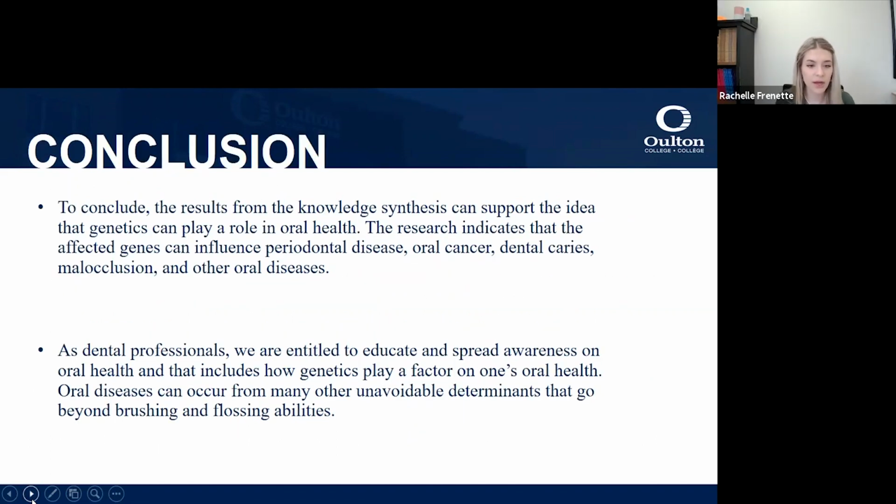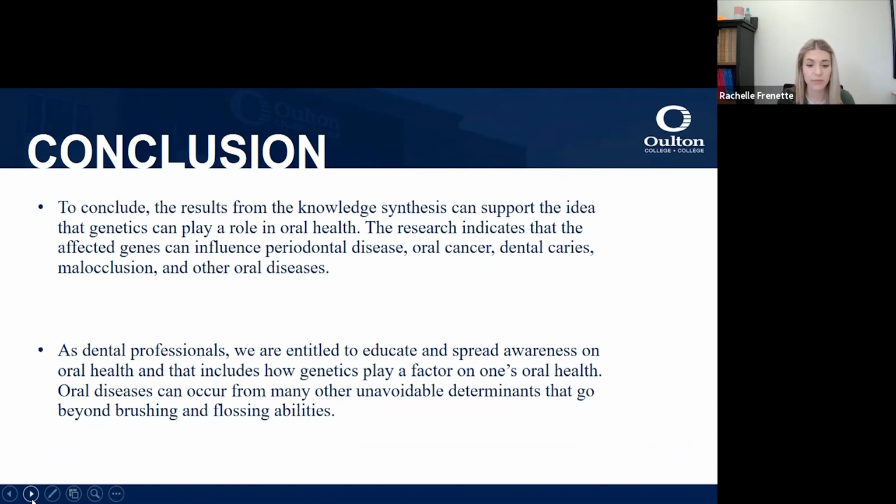So to conclude, the results from the knowledge synthesis support the idea that genetics can play a role in oral health. The research indicates that the affected genes can influence perio, oral cancer, dental caries, malocclusion, and other oral diseases. As dental professionals, we are entitled to educate and spread awareness on oral health, which includes how genetics play a factor in one's oral health.